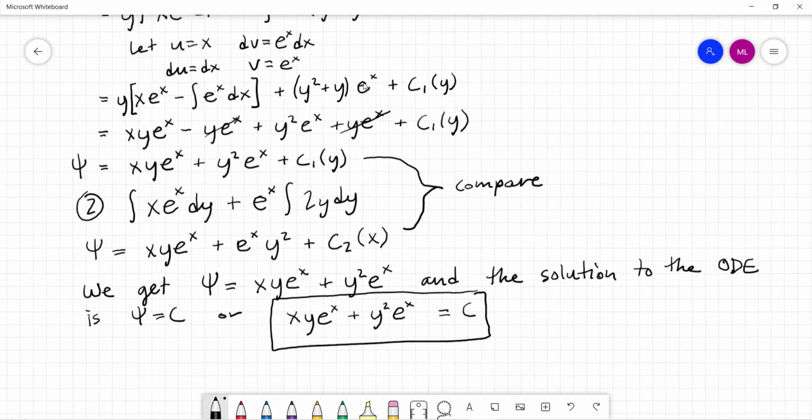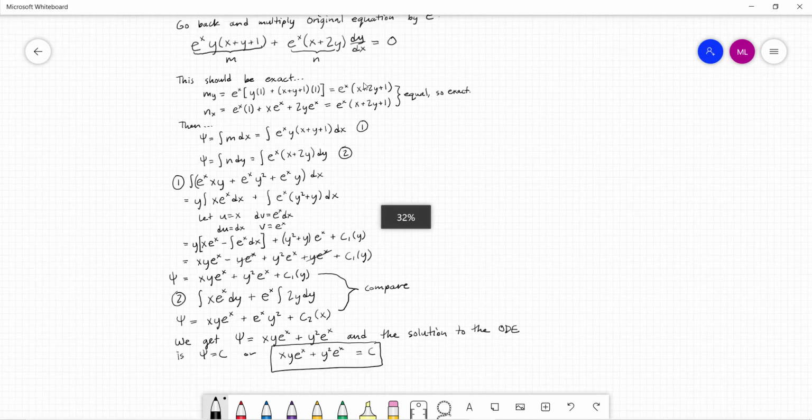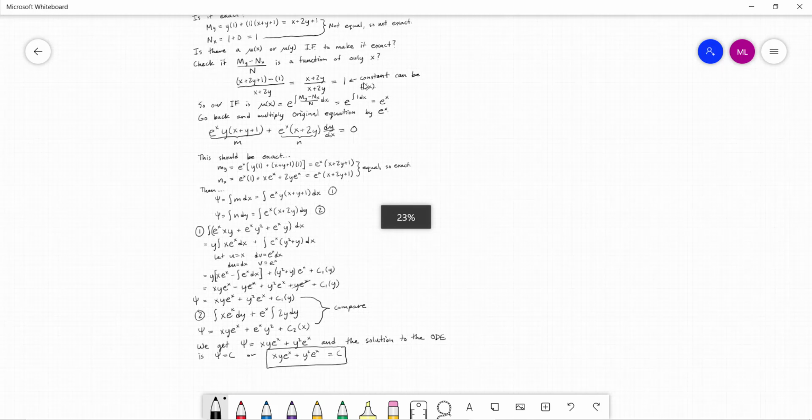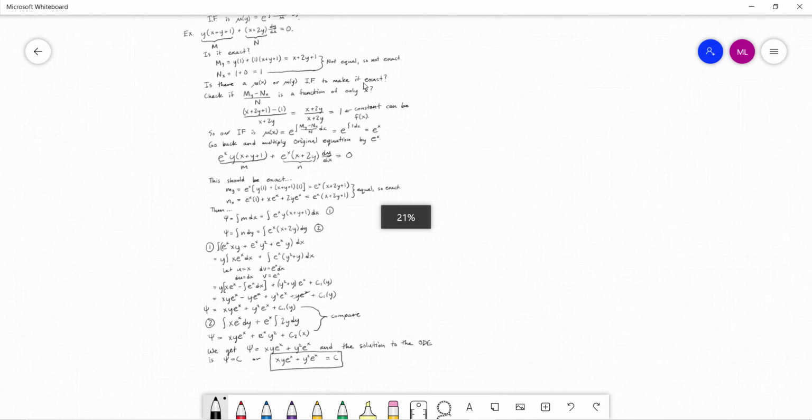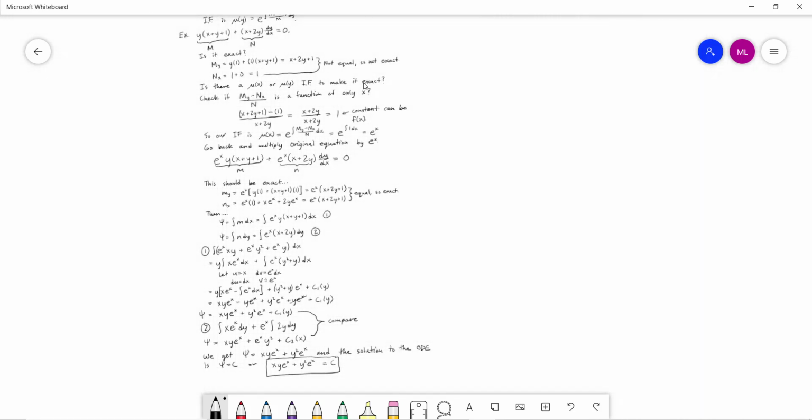So that's our solution. It required us to do a lot of extra work. We had to try to fit it all on one page here. So this is a full page type homework problem if you wind up with one of these. It required us to come back up here, check if the original equation was exact, recognize that it wasn't.